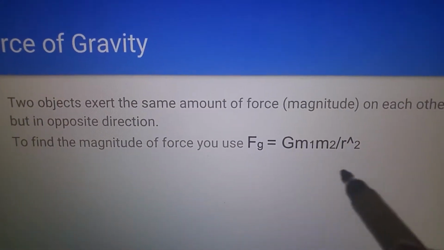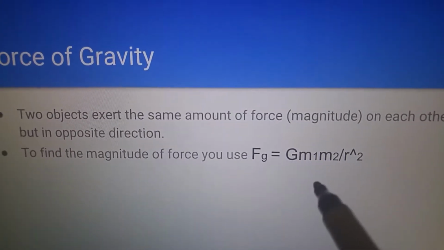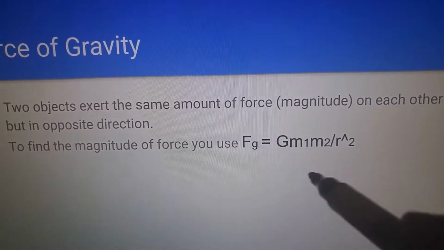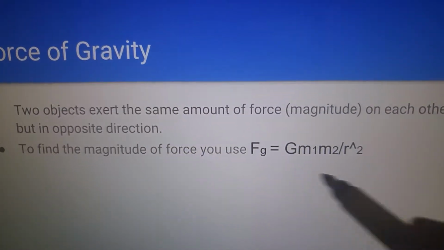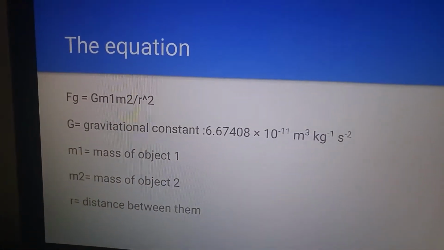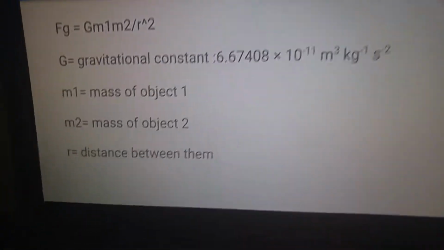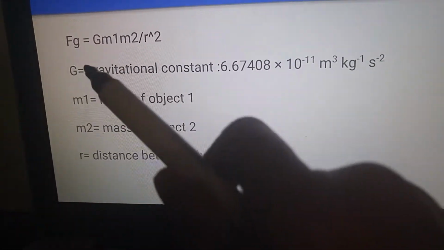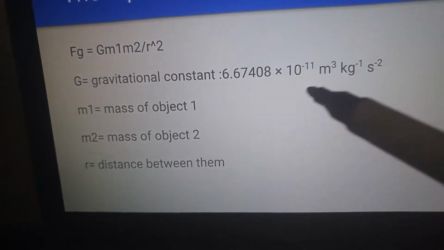And this is the equation you really need to remember to find the force of gravity. 99.9% you're going to have this with you during the test, but if you're taking notes, take that down. So, let's dissect this equation. Big G right there is the gravitational constant.